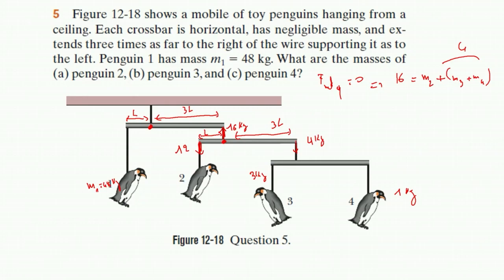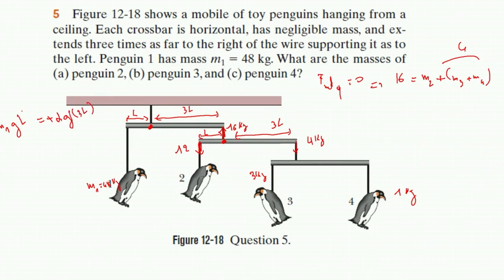So 48 here, 16 by balance of torques around here. So I will have, because this guy will be plus, let's say M1 GL should be equal to plus, let's say something here that I call alpha mass G multiplied by 3L.